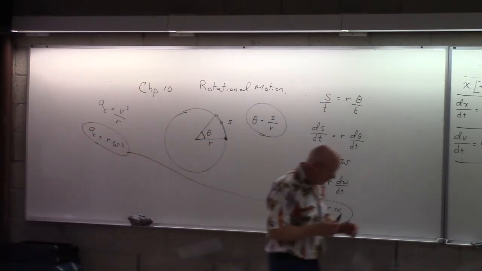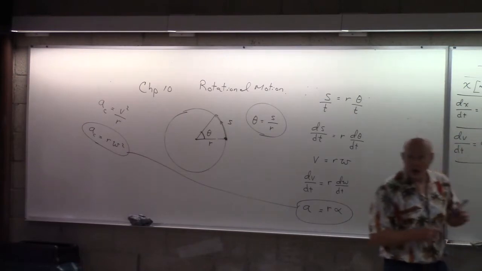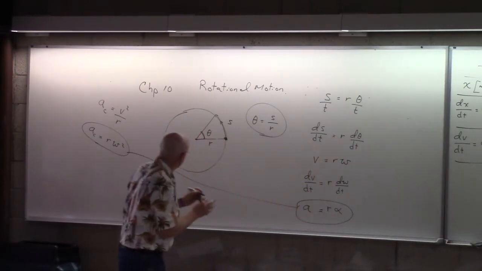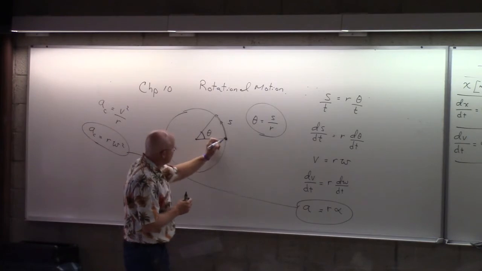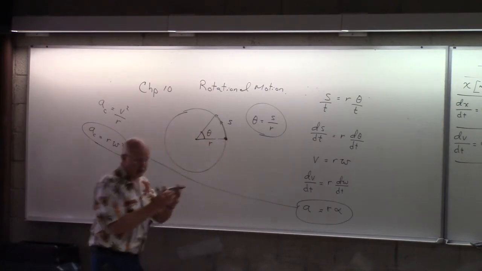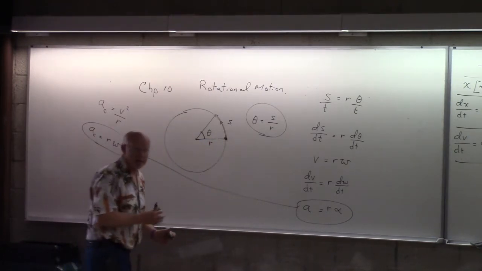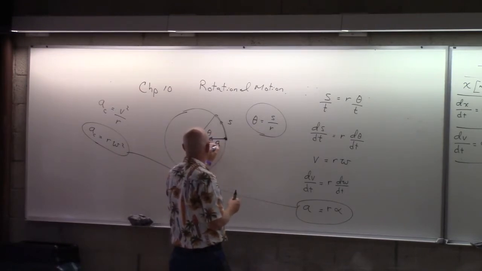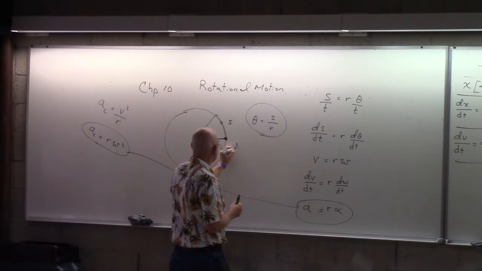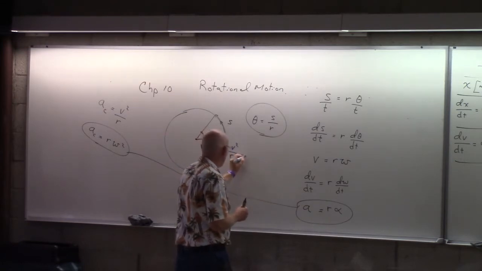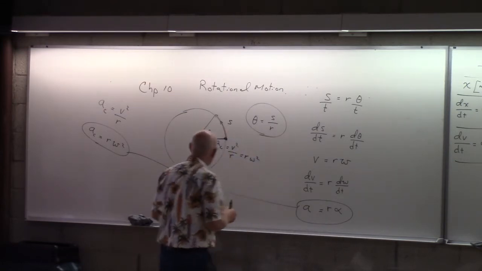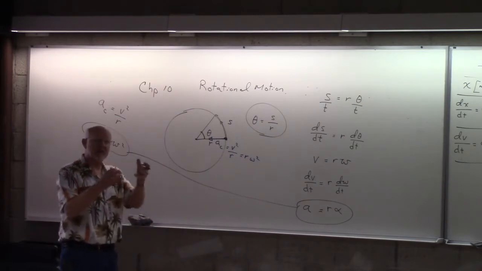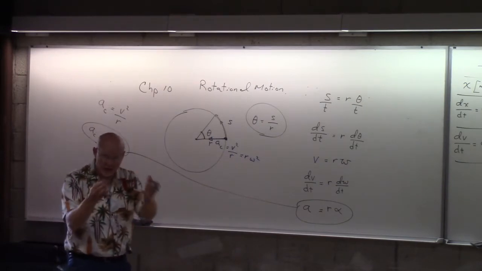If I grab a colored marker here, what I'm really saying is this object, which I'm thinking of as that blue little square right there, would have an acceleration towards the center of the circle equaling v squared over r, or r omega squared, because that is the amount of acceleration it needs just to change its direction.